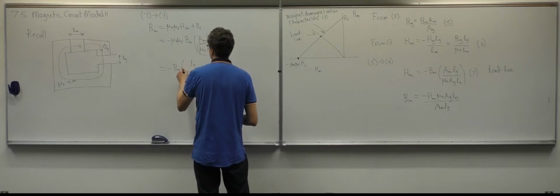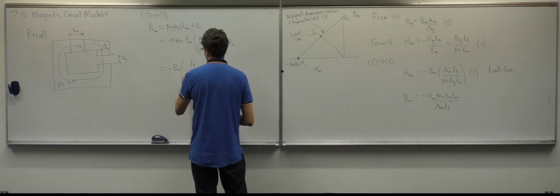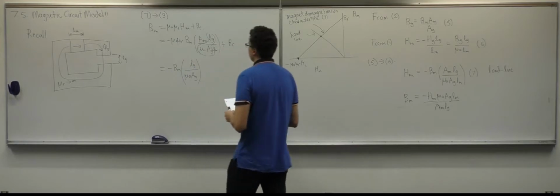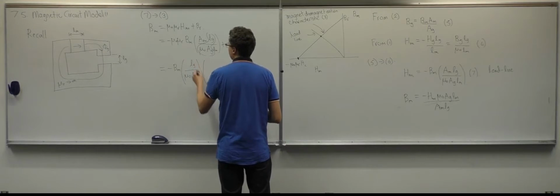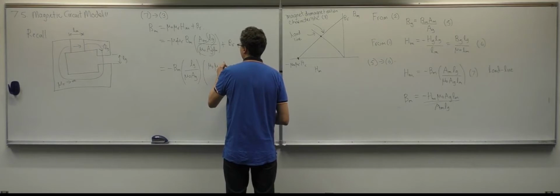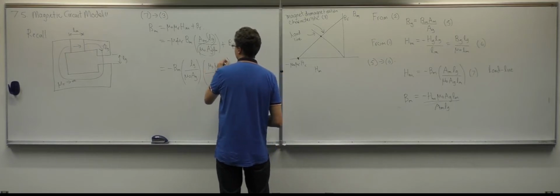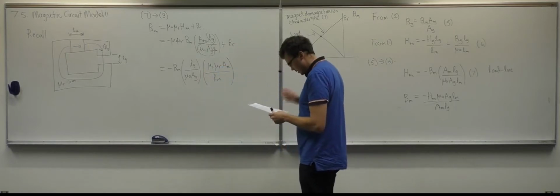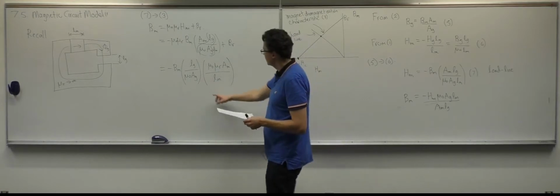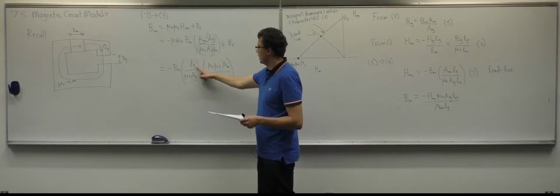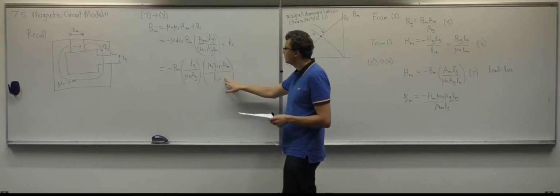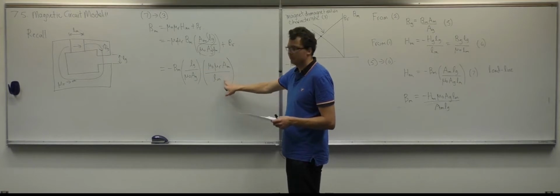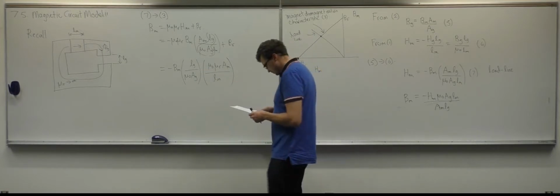So then we have Lg over mu naught Ag, like that, and then we can also collect the other terms, mu naught mu r Am over Lm, like that. Now, looking at this, you can see that this is the reluctance of the air gap, and this is the permeance of the magnet, or the inverse reluctance of the magnet.